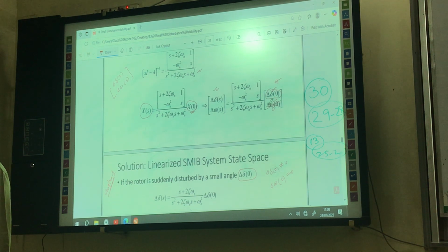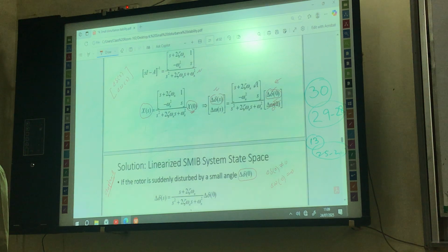Now what will be the del delta of s? Simply this multiplied by this divided by this, right? So just try to understand this. There will be some matrix multiplication. Look, this is a matrix, this is a matrix, and this is, let's say, some constant term in the denominator.